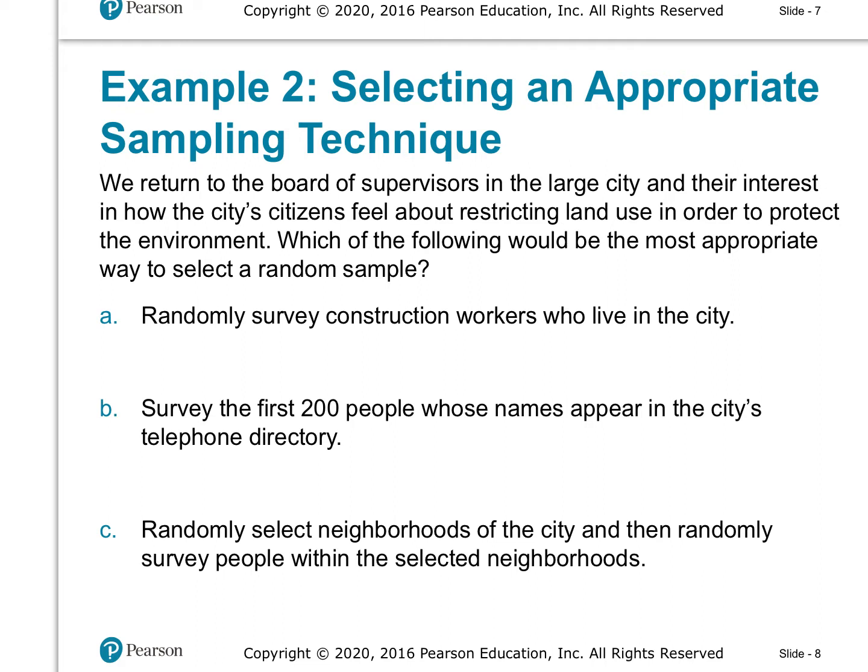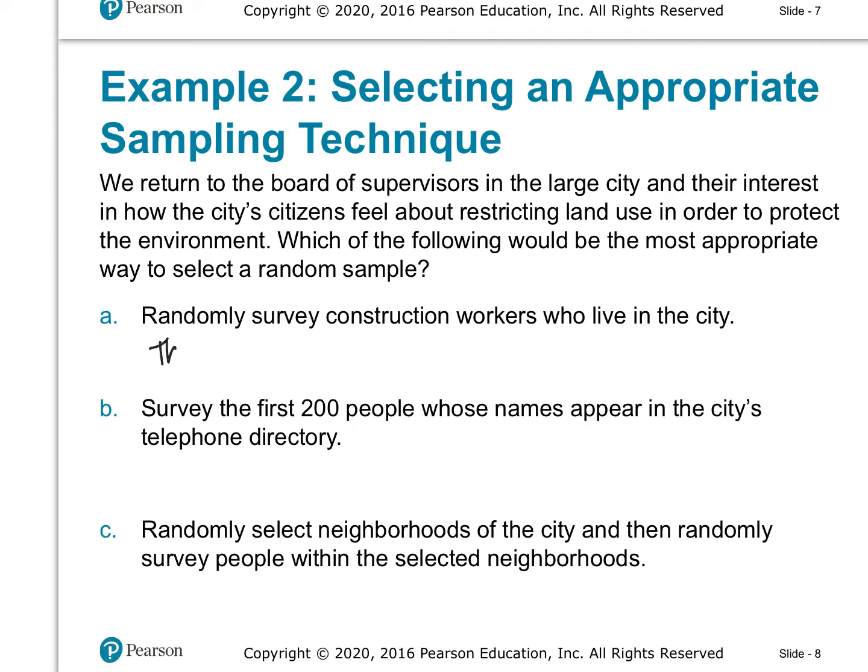Those construction workers depend on new construction, so they wouldn't like the restriction of the land use because they want to open up more land to do construction on.